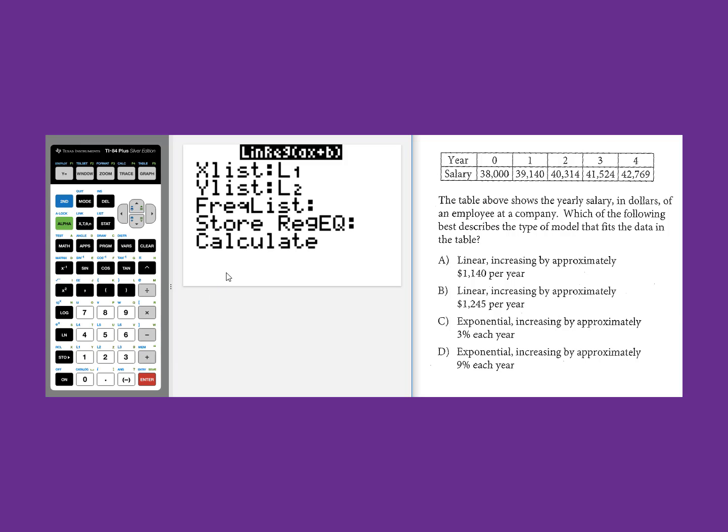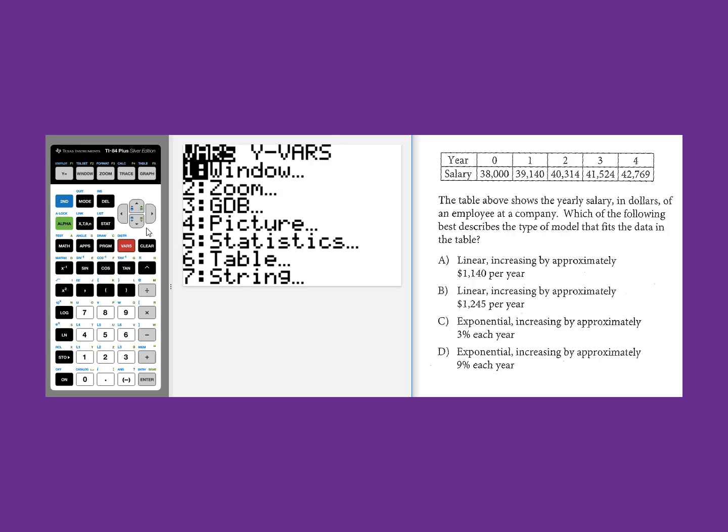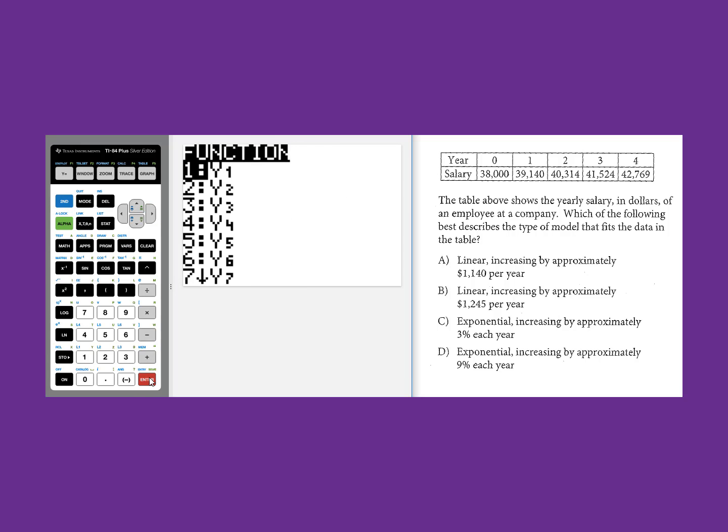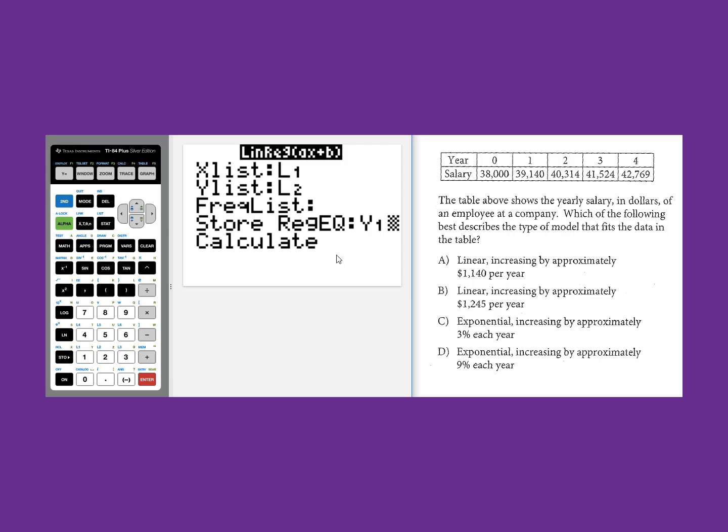Just forget about this FreqList. Go to Store Regression Equation. That's Y1, so I go to Variable, Y variable, enter. That's Y1, which means we store this regression equation in Y1. Then I press enter.